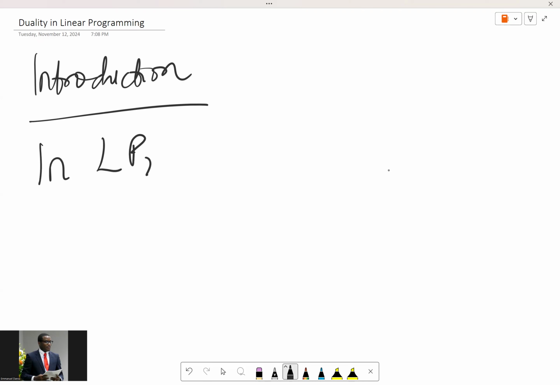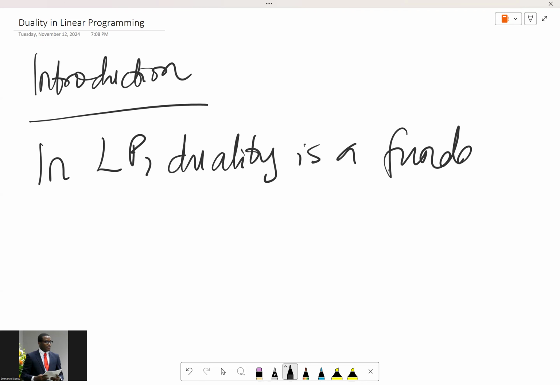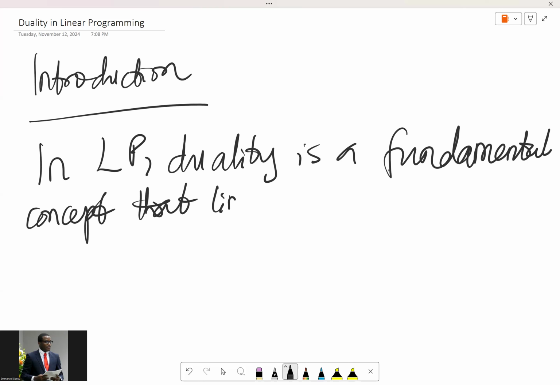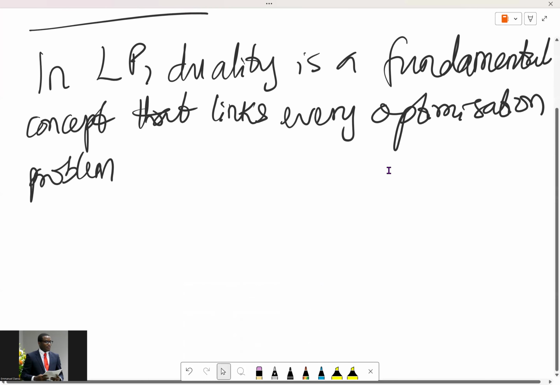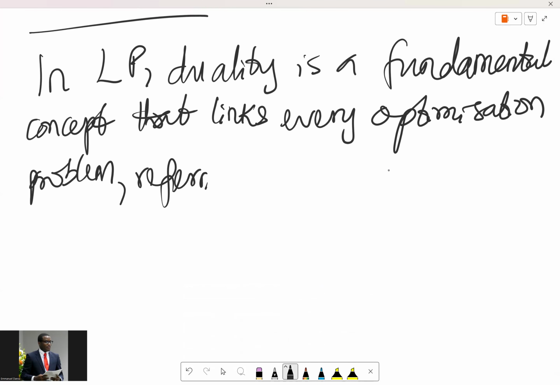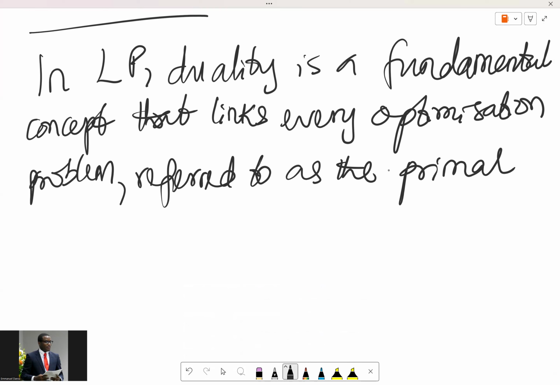In linear programming, duality is a fundamental concept that links every optimization problem, referred to as the primal problem, with a corresponding dual problem.